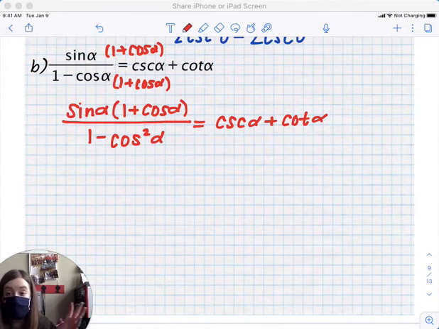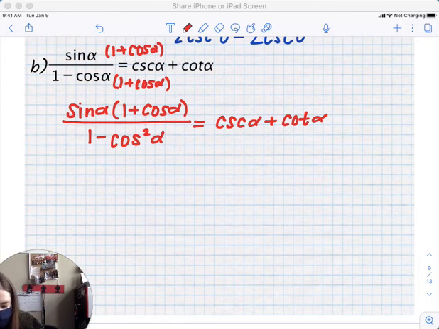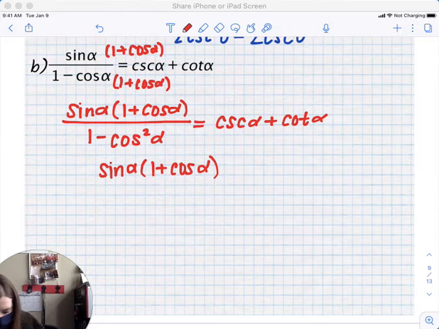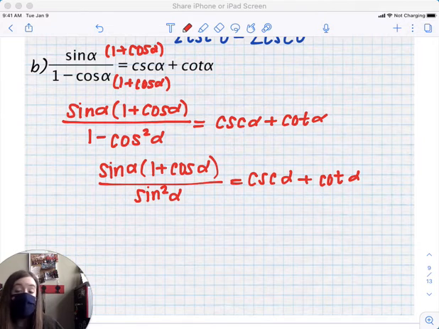That's screaming at you right now, I'm a Pythagorean identity. Remember, sine squared plus cosine squared equals 1. So that means 1 minus cosine squared is equal to sine squared. So this is why I didn't multiply through by that sine, because one of our sines here is going to cancel out.